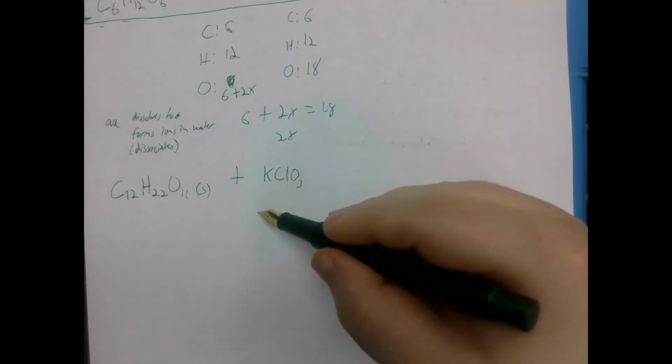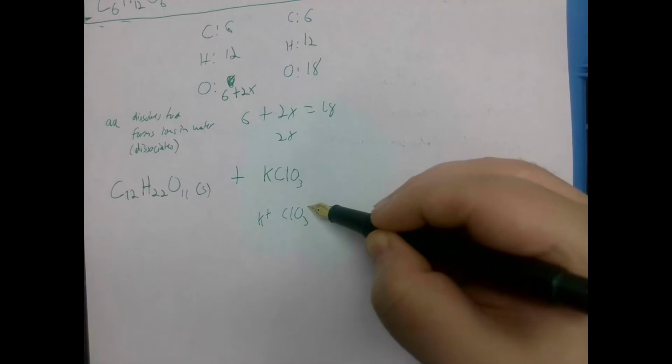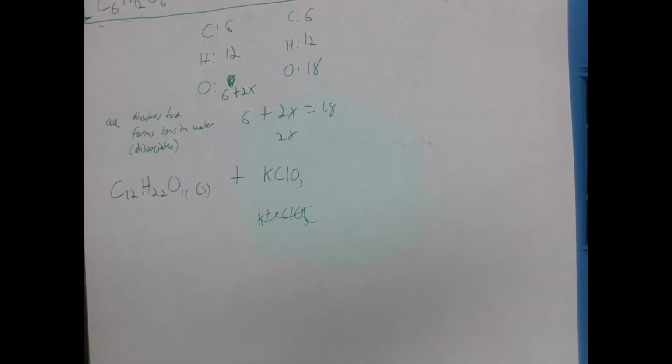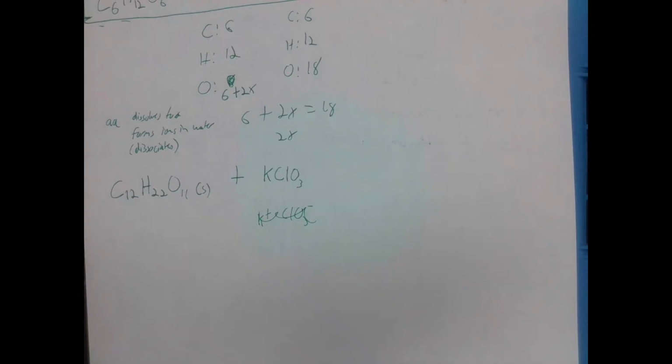This is going to, if it is aqueous, break up into K plus and ClO3 minus ions. So is this aqueous? Do you have your solubility rules? Your solubility rules are going to be very useful from here on out, by the way.